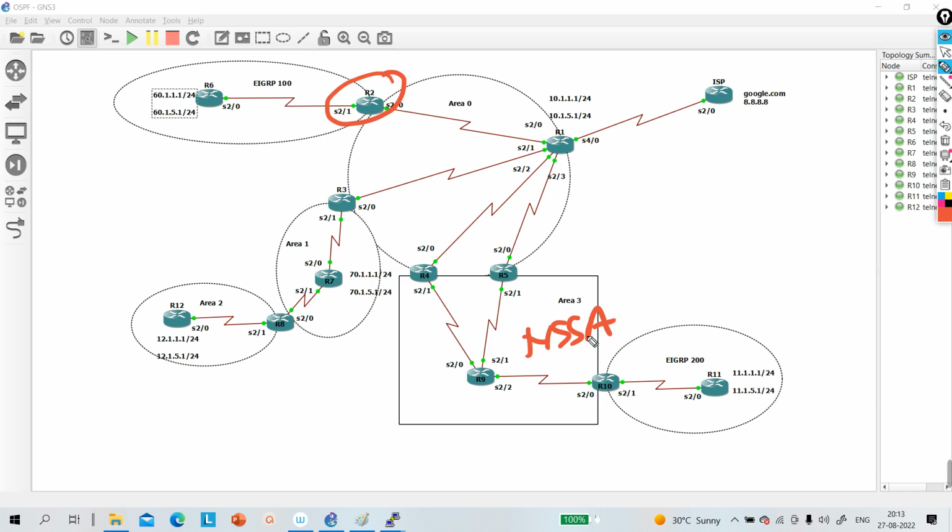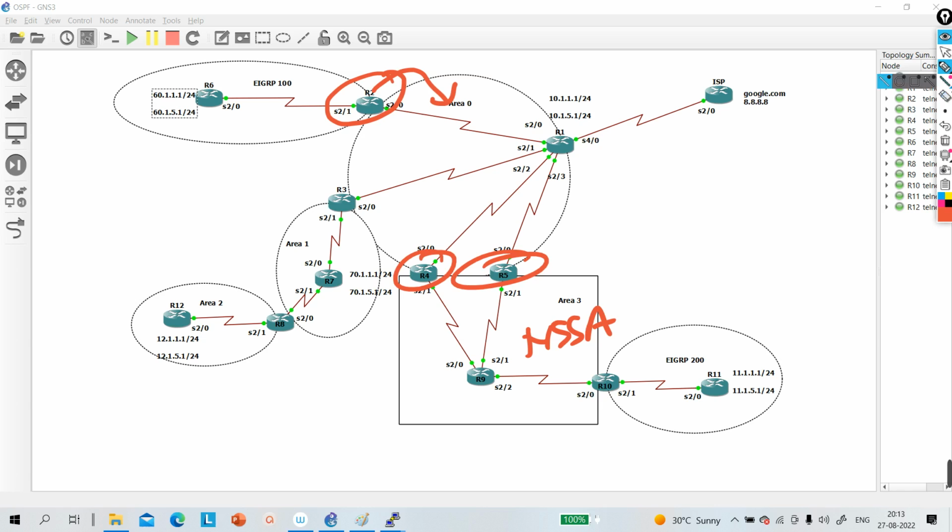This is the NSSA area. So this ASBR router will generate LSA 5. This LSA 5 will be received by the ABR, and the ABR will generate the default route in the form of LSA 7, if you run the default-information originate command, then only, right? So the default-information originate command is used to make the ABR act as an ASBR.